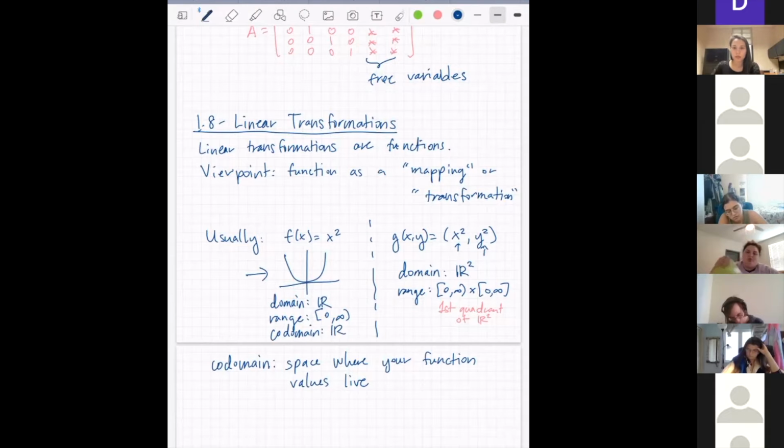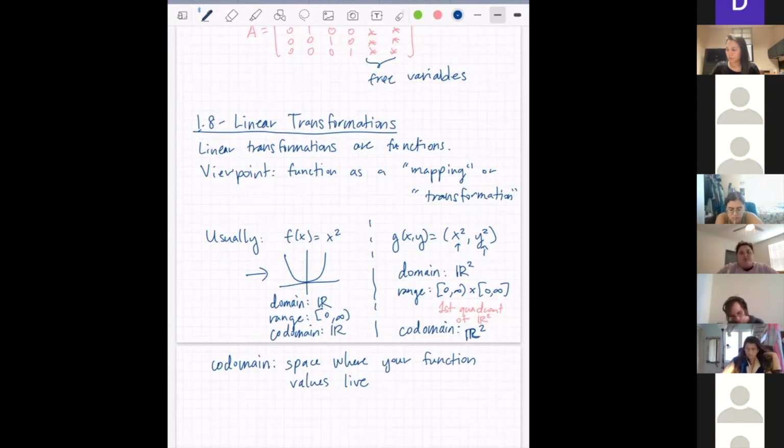In the second example, we had a coordinate pair, and so this space is R2, right? So it's not really caring about what points get hit. It's really just saying the space where they end up is R2, and I don't really care whether it's all of R2 or some subset.